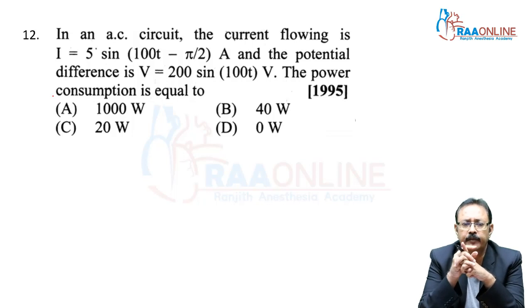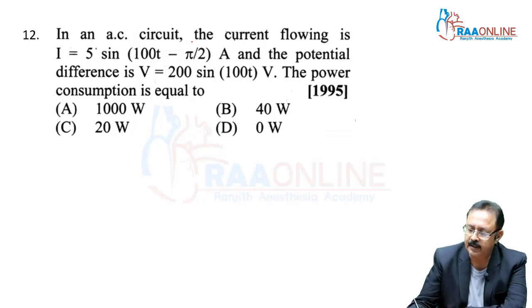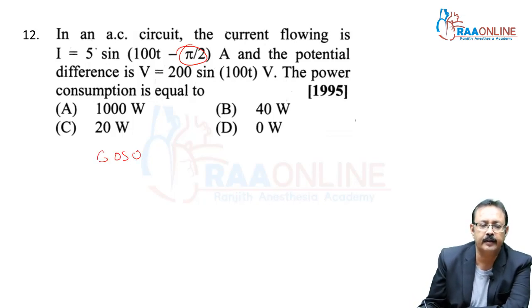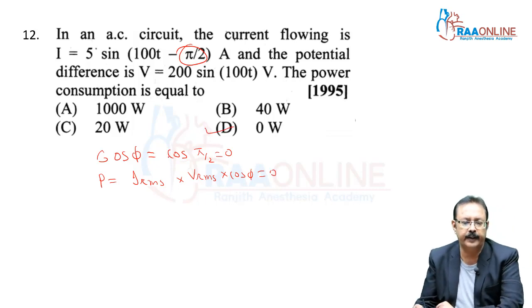The power consumption is equal to, since phase difference is pi by 2, what is power factor? cos phi, it will become 0. So power consumption, which was IRMS into VRMS into cos phi, will become 0. So we will go with option D. 12th, D.